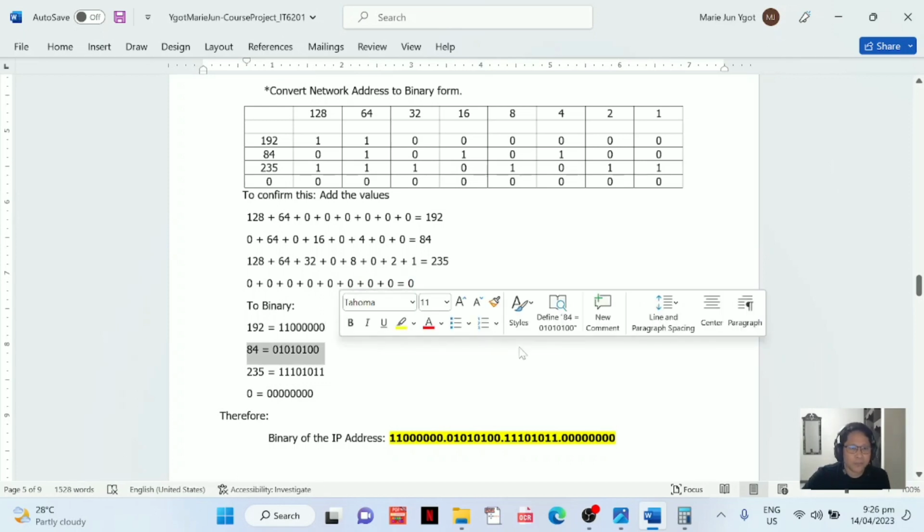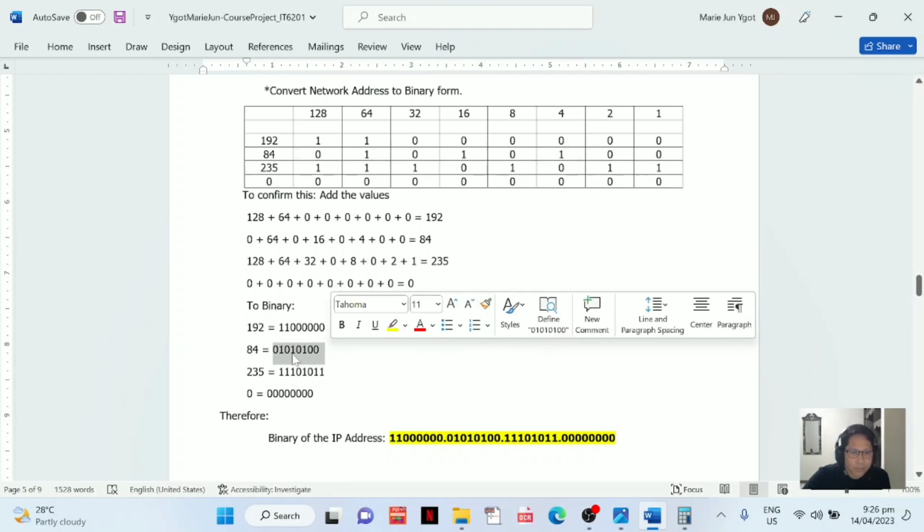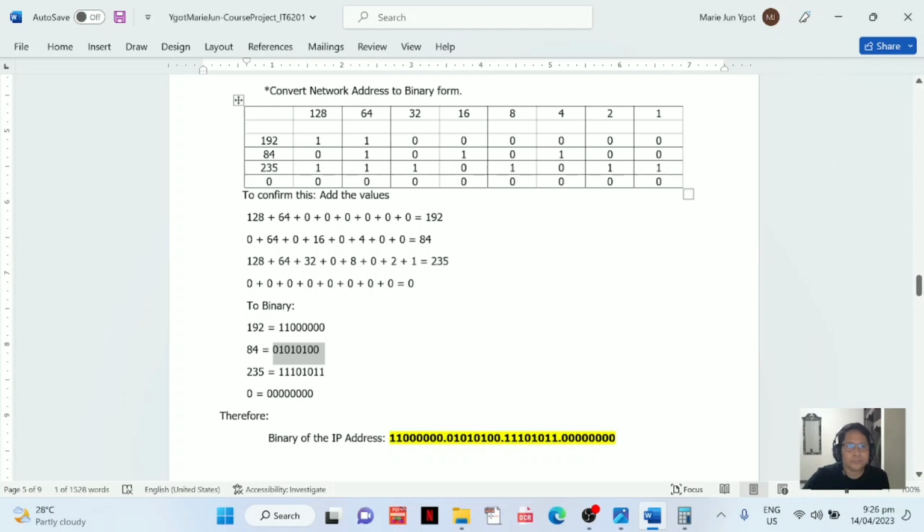What about the 84? This one here. So we have 0 1 0 1 0 1 0 0. So this one.